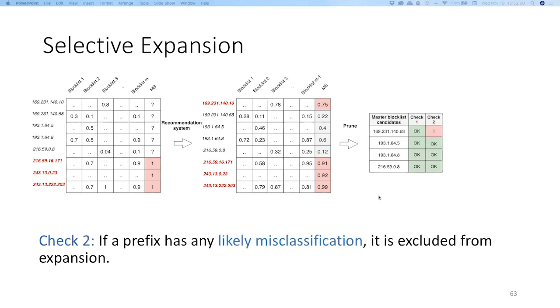For check 2, BLAG checks if any of these addresses are in the same /24 prefix as the likely misclassification. In this example, we see IP1 and IP3 are present in the same /24, and therefore this particular IP address fails check number 2, and BLAG chooses not to expand this IP address into its IP prefix.